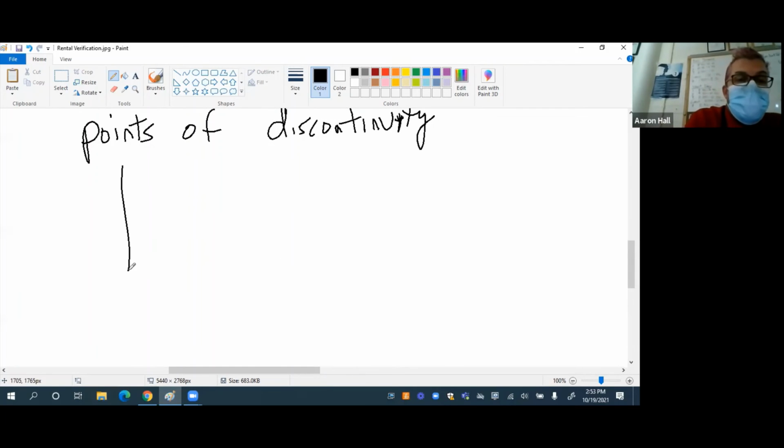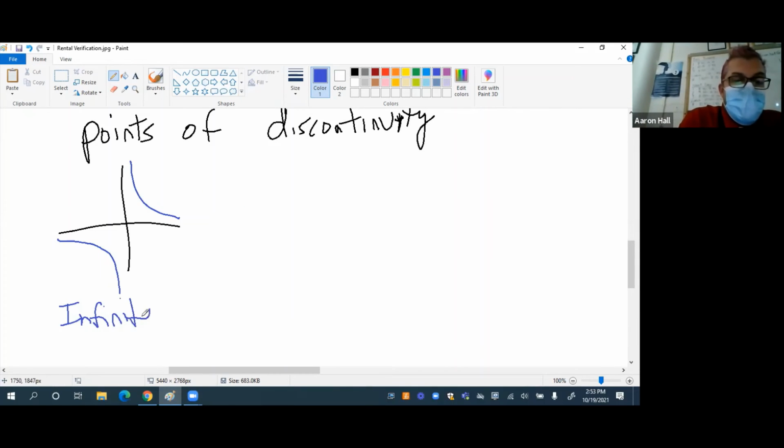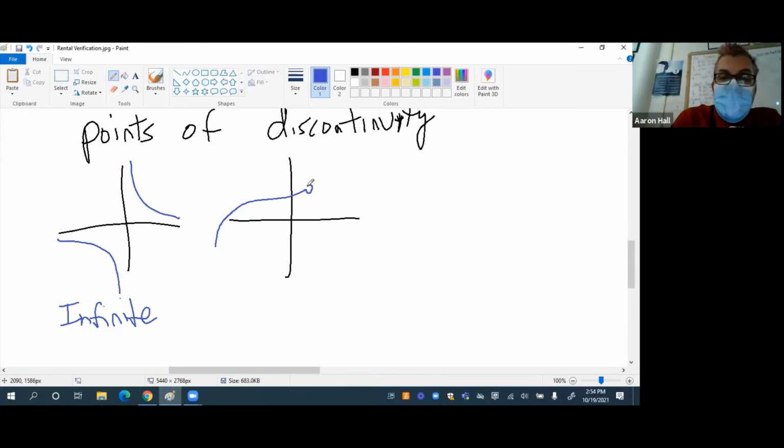All right, one of them is your infinite discontinuity, right? What was another one? Yeah, we have a removable. So it looks something like this. This is removable.